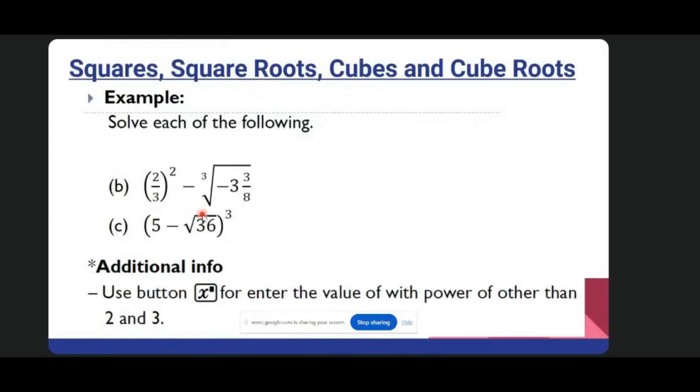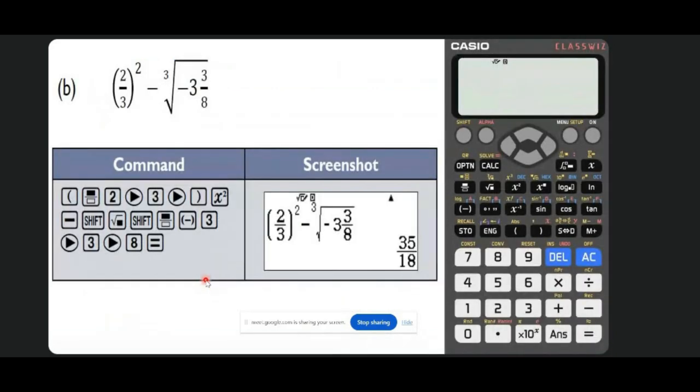To find the answer for square, square root, cube, or cube root, you can use the X power button. To enter a power other than 2 and 3, you can press this button. Now you can try it on your calculator.